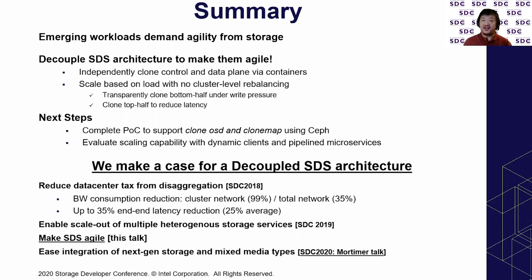In our previous work, as we showed you before, we have achieved the purpose of reducing the data center tax from disaggregation using a decoupled architecture. We have some detailed numbers from our POC experience before. In last year's talk, we talked about scaling out multiple heterogeneous storage services, and this talk is focused on the agility part.